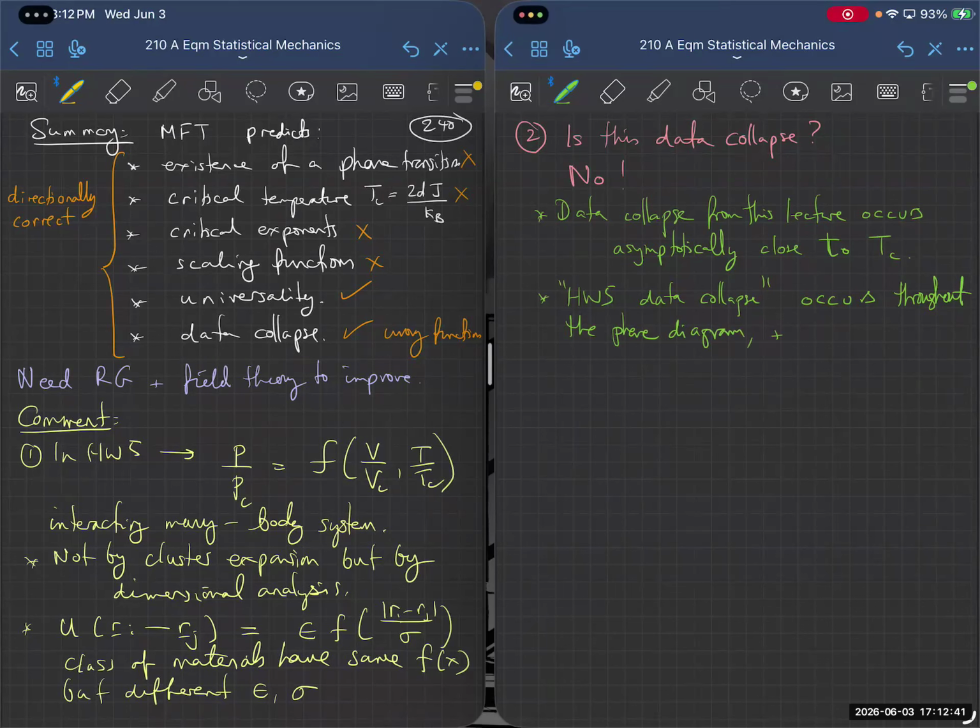And this is a consequence of the class of materials. They're all noble gases, for example.